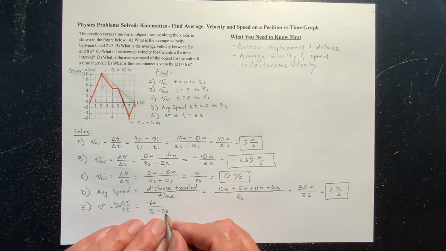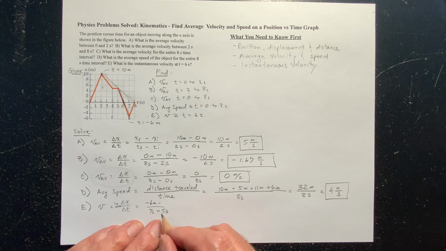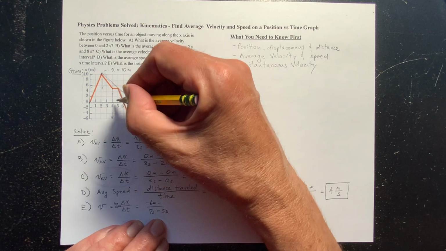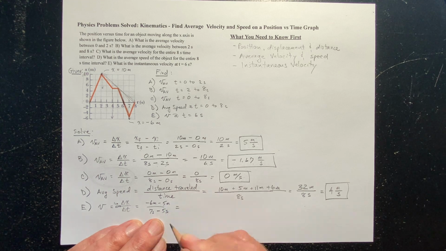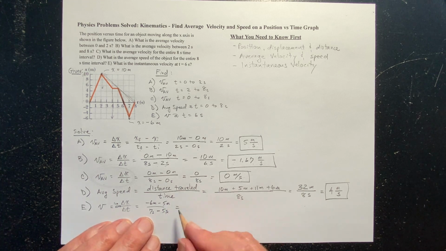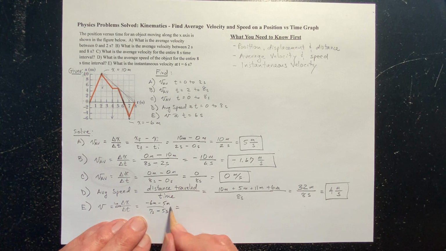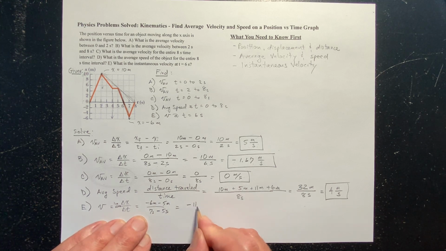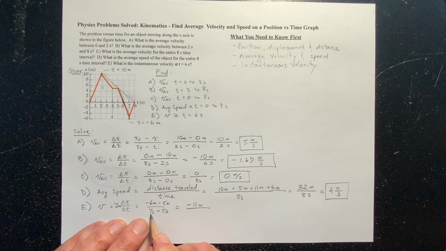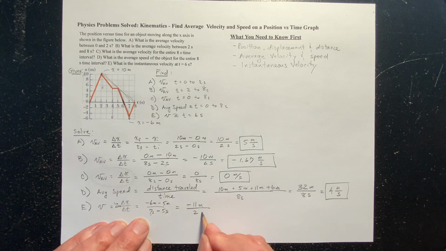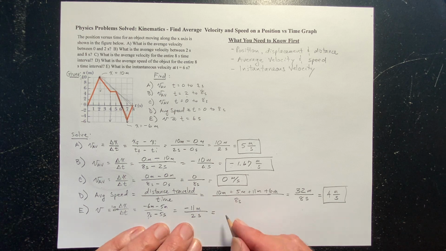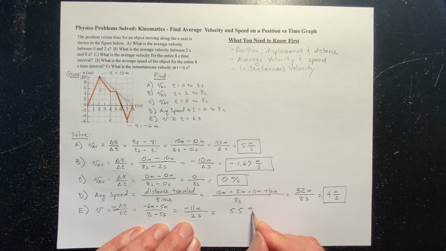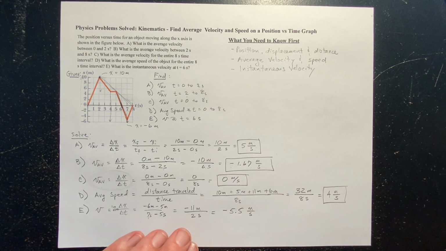And at 5 seconds, positive 5 seconds, my position was 5 meters. Okay. And so what do we got here? We've got negative 6 minus 5 meters. That's negative 11 meters. 7 seconds minus 5 seconds is 2 seconds. And so 11 divided by 2, right, that's 5.5 meters per second, but in the negative direction.